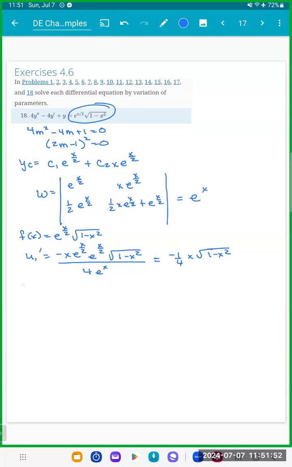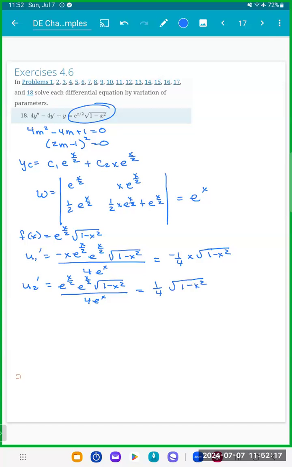Our u2 prime is e to the x over 2 times e to the x over 2 times square root of 1 minus x squared divided by 4 e to the x. That simplifies to 1/4 square root of 1 minus x squared.